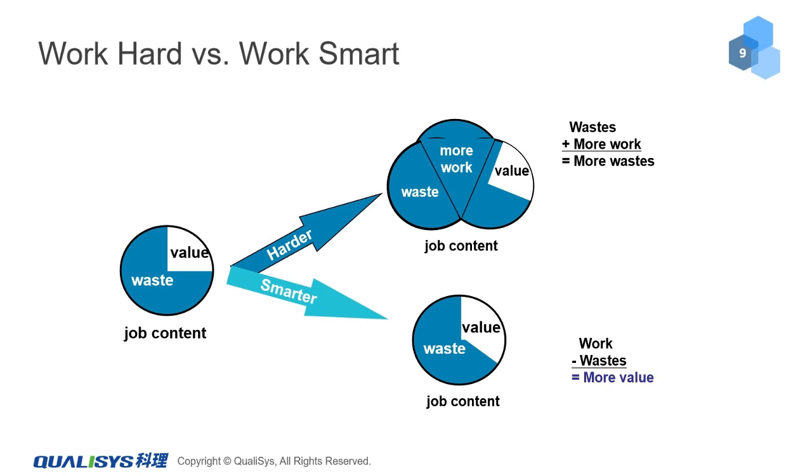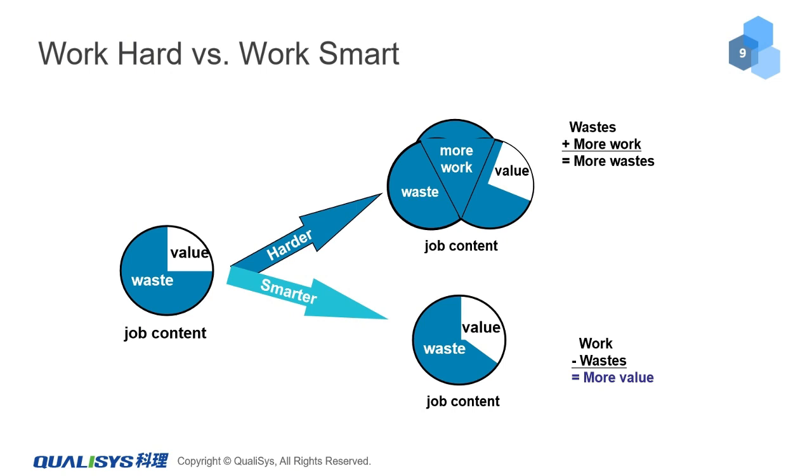Reducing waste is easier than increasing value, and we can be very focused on all the waste and reduce it. So by doing so, the percentage or the proportion of value will increase. So this will be a smarter way. So in lean manufacturing, our focus is actually not on value, but on waste.